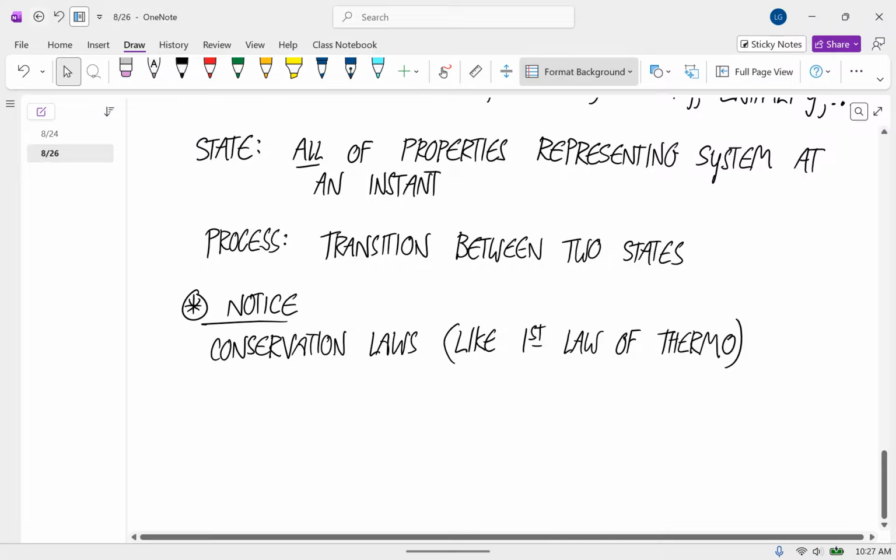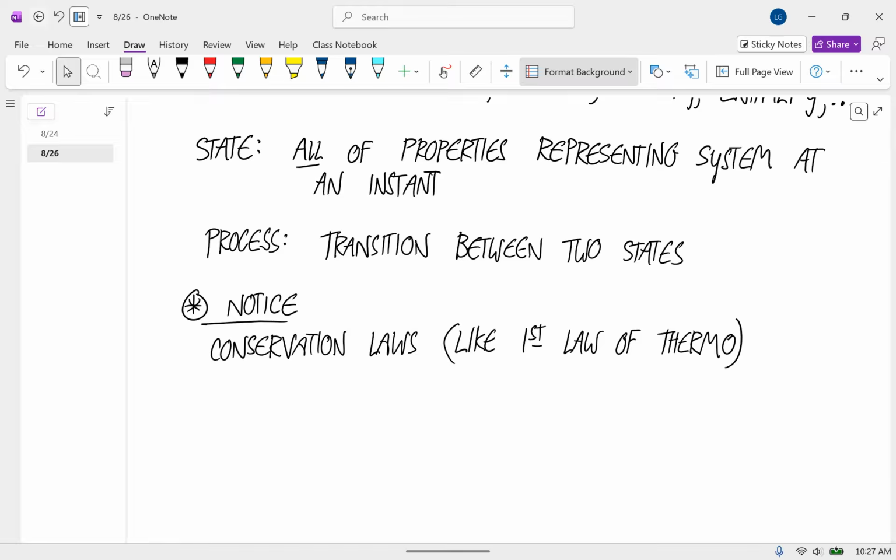So you never use conservation of energy to just analyze a single instant. You always use it to say, here's some stuff happening when this skateboard is at the top of the hill. Here's some stuff happening when the skateboard's at the bottom of the hill. And we'll use both of those together to figure out what changed. So conservation laws always deal with processes.